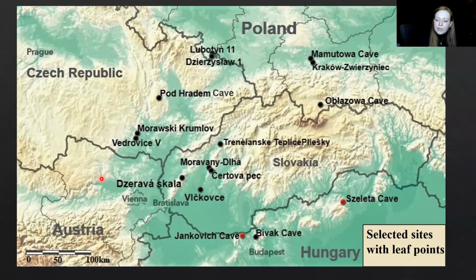Actually, a couple of years ago, scientists divided the Szeletian in Central Europe into two units, the early Szeletian and the late Szeletian, based on chronology, technology, and typological aspects. The early Szeletian is represented mostly by the Moravian area here in the Czech Republic.